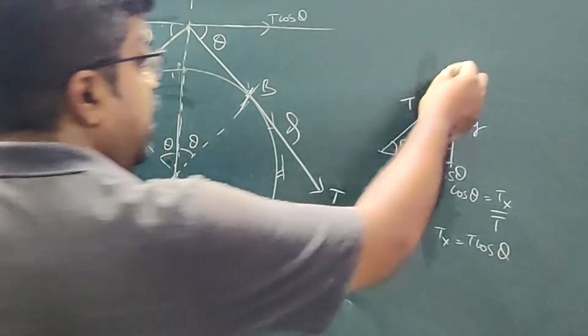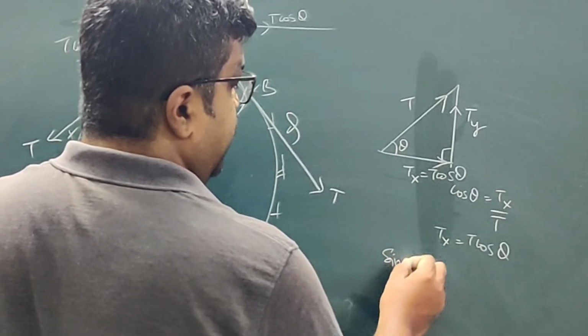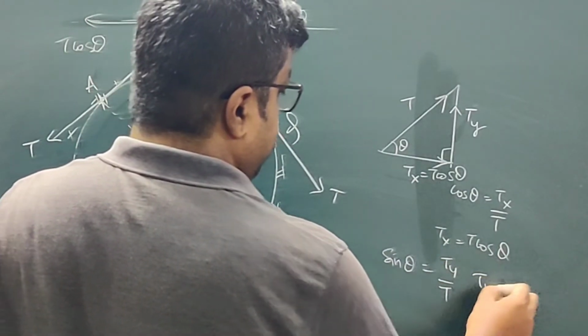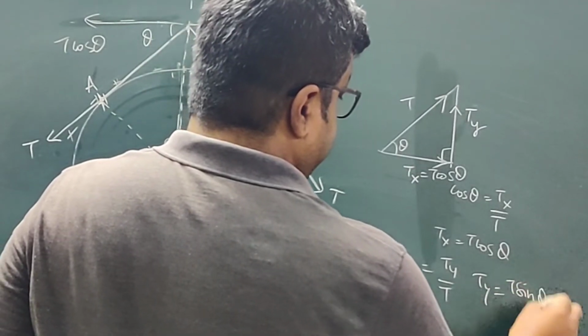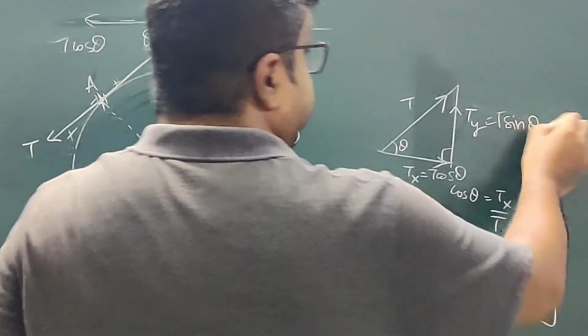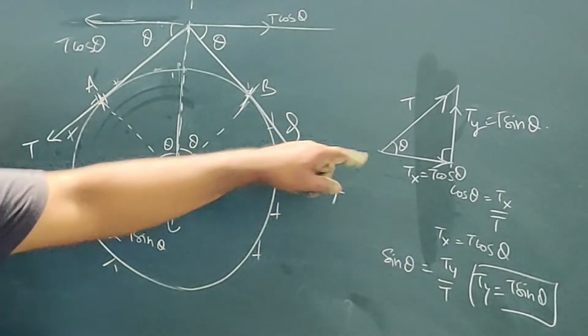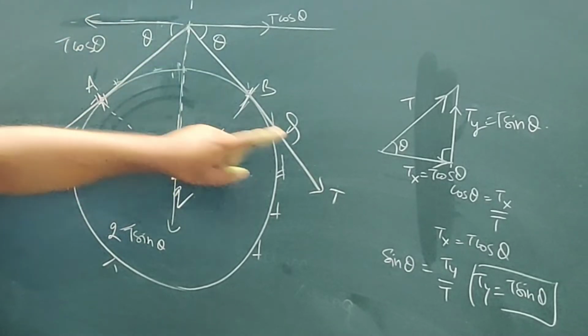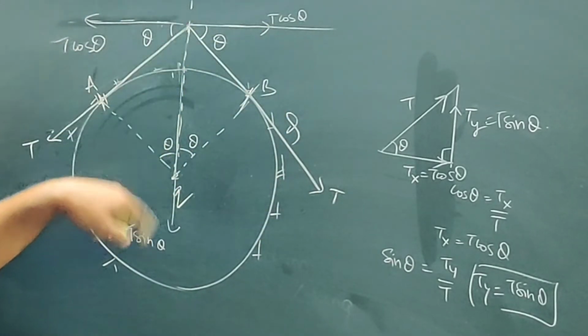Similarly, in the same triangle, sin theta is Ty by T, so Ty is equal to T sin theta. So this is how I have resolved this T as T cos theta and T sin theta, and this T as T cos theta and T sin theta.